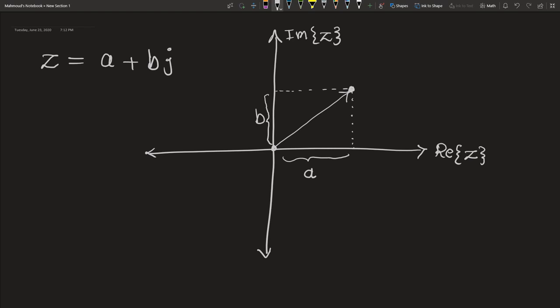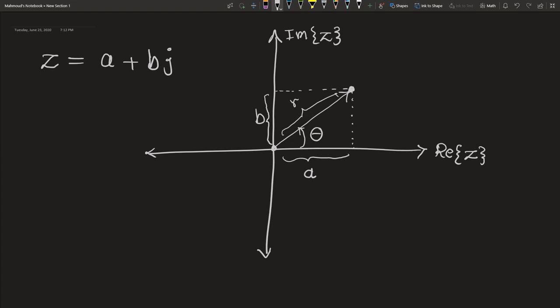There is another form to represent a complex number, which is called the polar form. And if you recall from your calculus class, the polar representation of the plane consists of any point in the plane being essentially the distance between the point and the origin and the angle between the positive horizontal axis and the line drawn from the origin to the point, and this is theta.